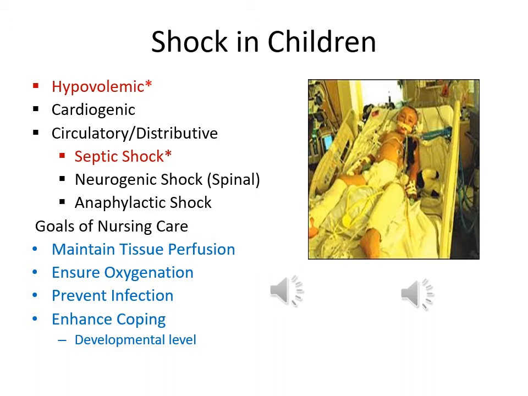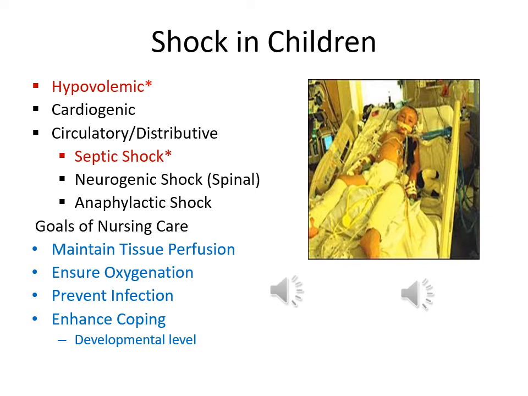So our goals of care are about the same as they are for the adult. We want to maintain tissue perfusion, so we're going to look at our assessment findings there and implement nursing interventions to ensure tissue perfusion, and also use those same findings to evaluate it. We're going to ensure oxygenation.